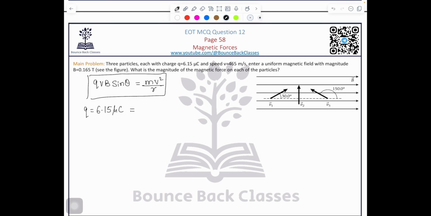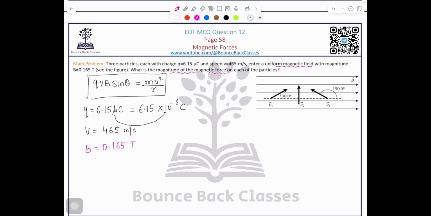What does it mean? Solve the micro first. What is the meaning of micro? Multiply 10 raised to power negative 6. Clear? Coulomb. Velocity is 465 meter per second. Okay, it enters a uniform magnetic field with magnitude B given as 0.165 Tesla.